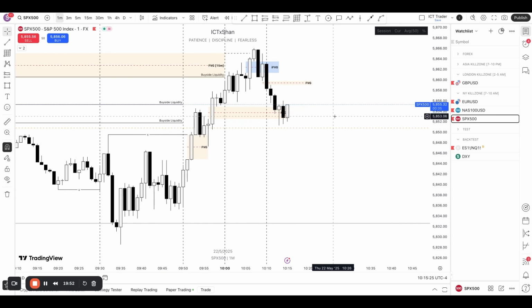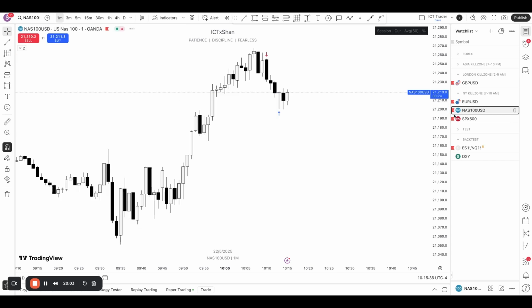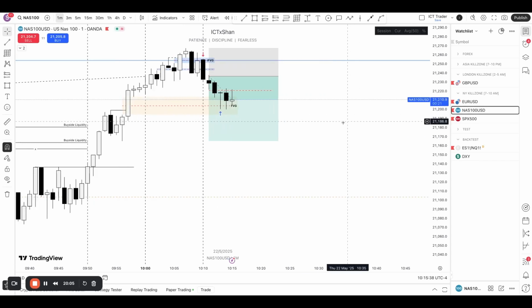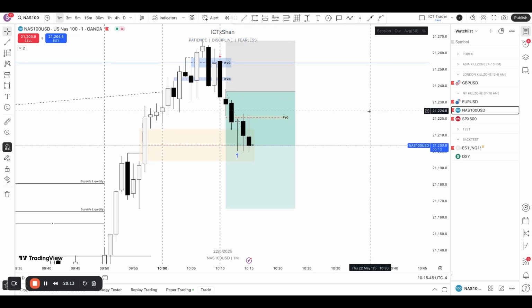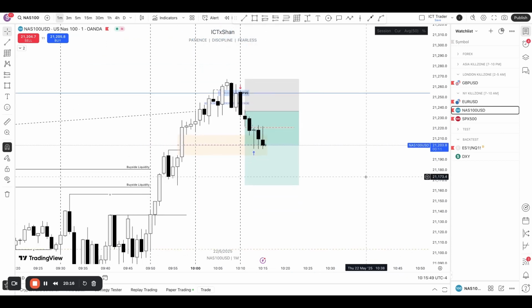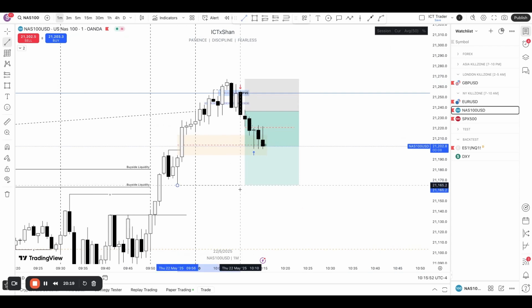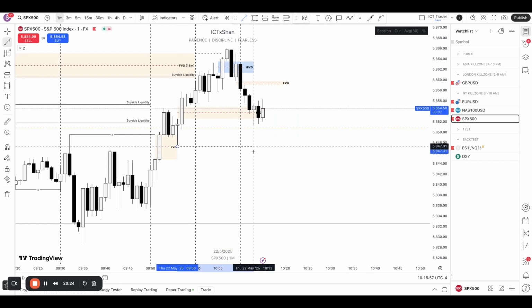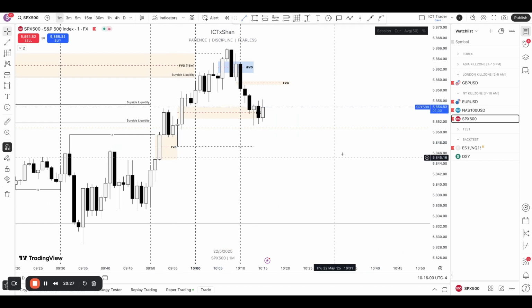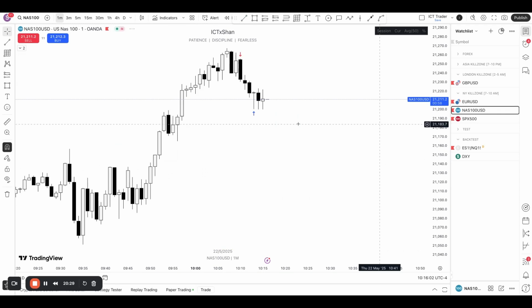ES also seems like it's disrespecting at this point. Still respecting the previous hourly gap, the very small one, if you notice that, which is the expected area here. I'm down at 50% of consequent encroachment. Let's see.